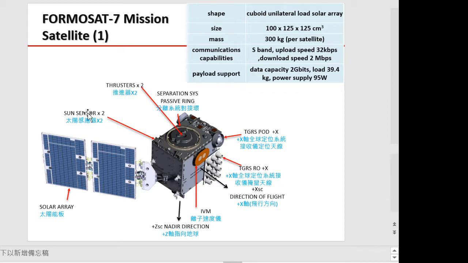You also can see the separation system, and this is the ring that will connect to the launch vehicle adapter, and you will see that later on. And you can see the structure in this slide. You can see some sensors. You can see the deployed solar array.